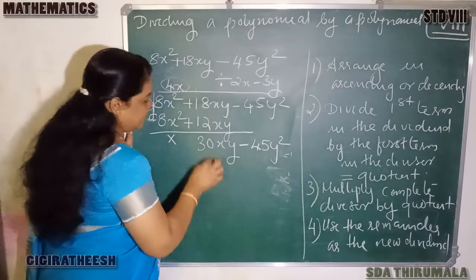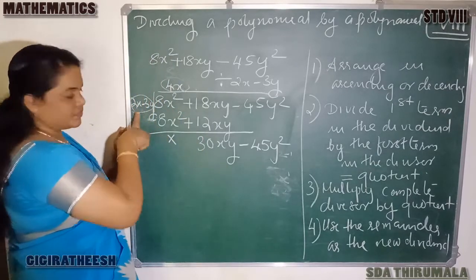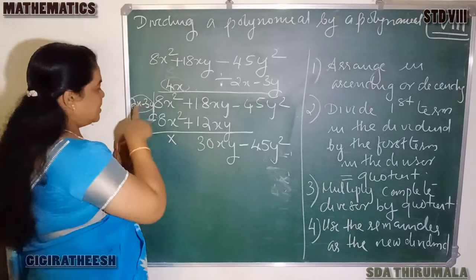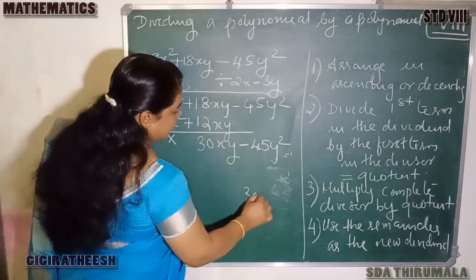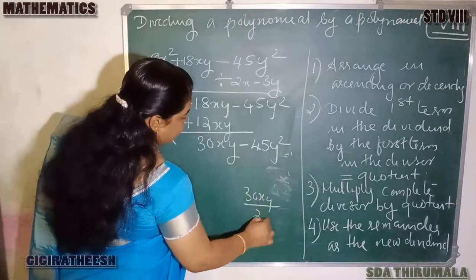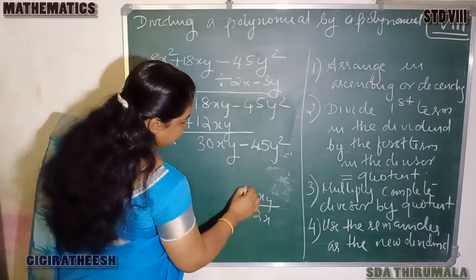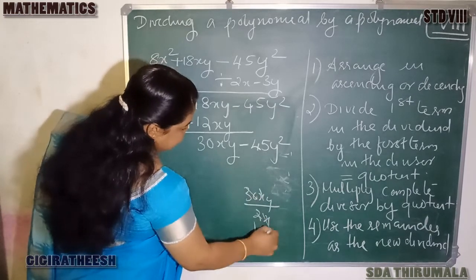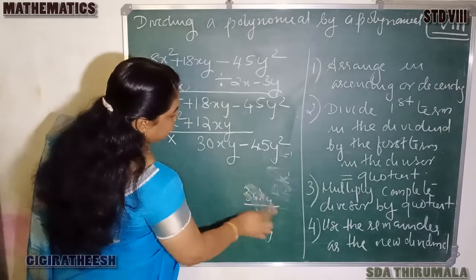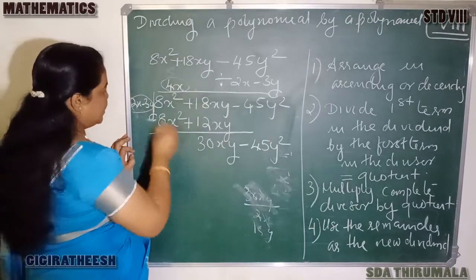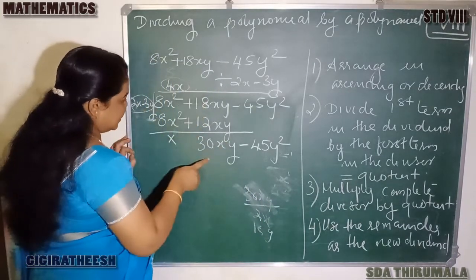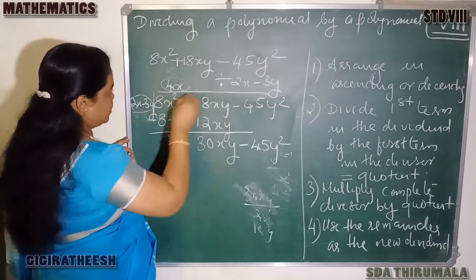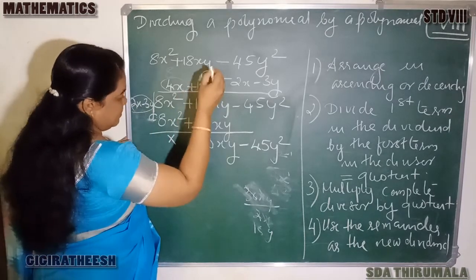After that, again the first term 30xy divided by 2x. 30 by 2 is 15, cancelling this x, that is 15y, with a minus sign here, so it becomes plus 15y.